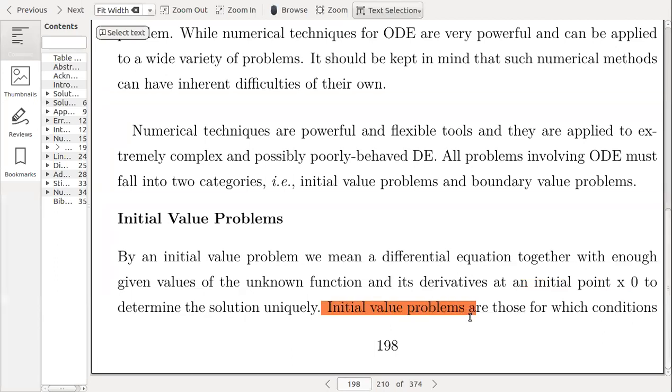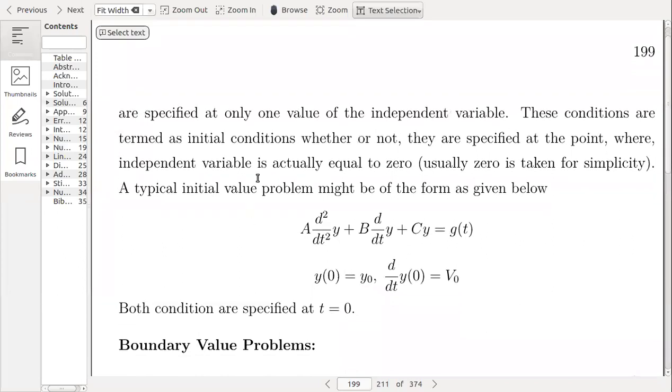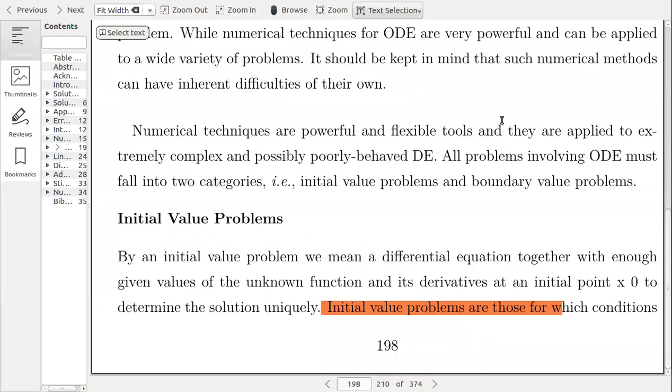Initial value problems are those for which conditions are specified at only one value of the independent variable. This is a very good statement.